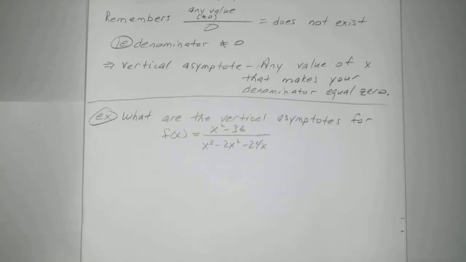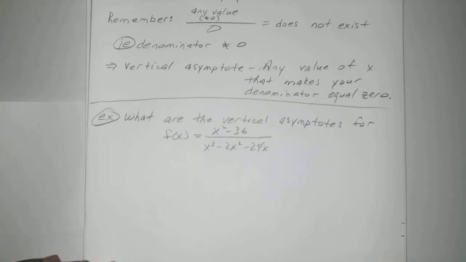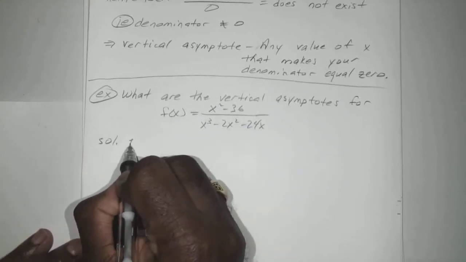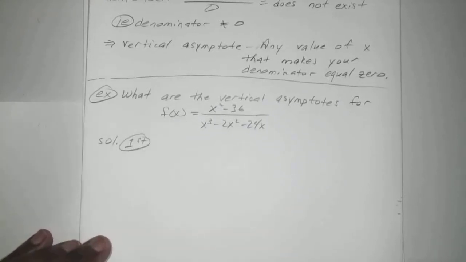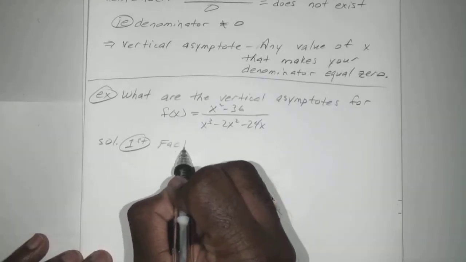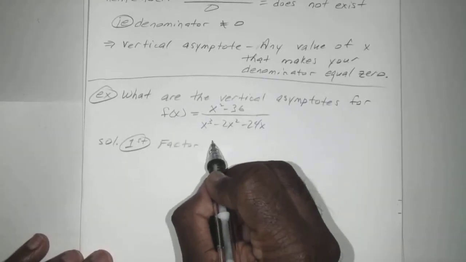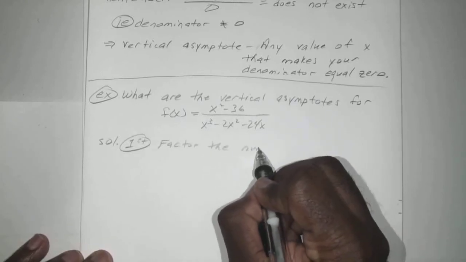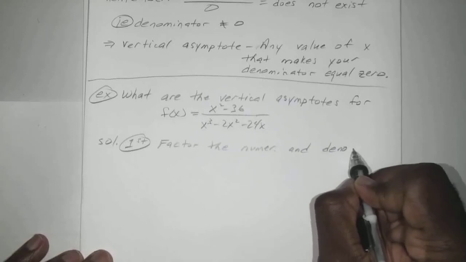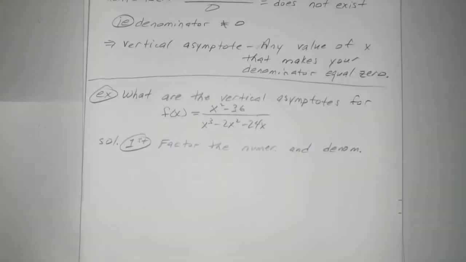The first thing you want to do is factor your numerator and denominator just to see if anything can cancel out first.